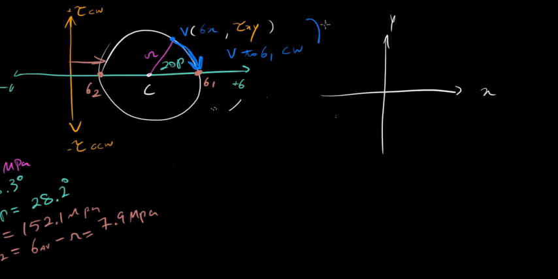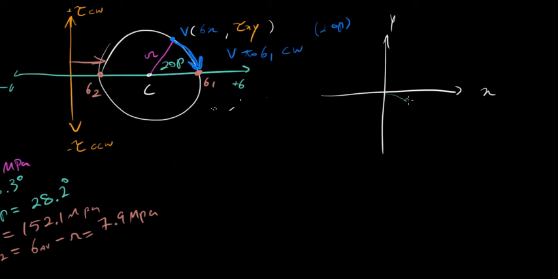That's clockwise. From what angle? The angle of 2 theta p, if you look at the Mohr circle, but when you go from the circle to the square, 2 theta p becomes theta p.